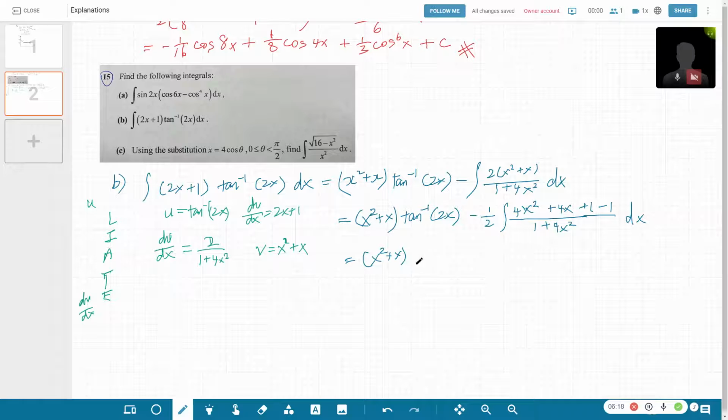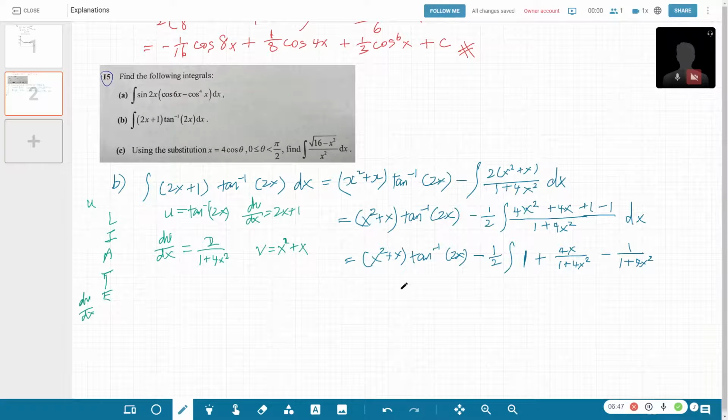So x squared plus x tangent inverse of 2x minus half integrate 4x squared plus 1, I put it as 1, plus, now I want this over this, 4x over 1 plus 4x squared. Why? Because I can see a f prime x over f x here. Minus 1 over 1 plus 4x squared.